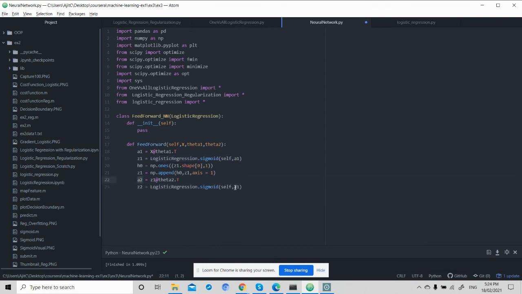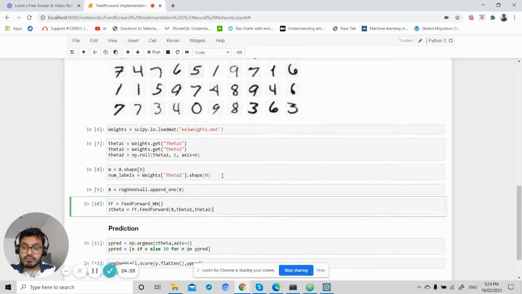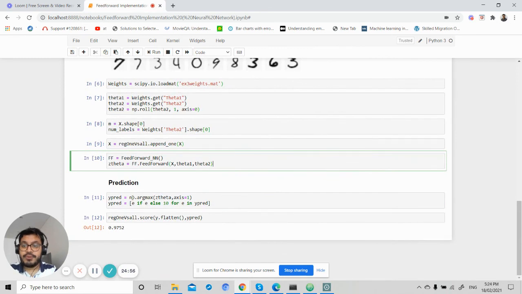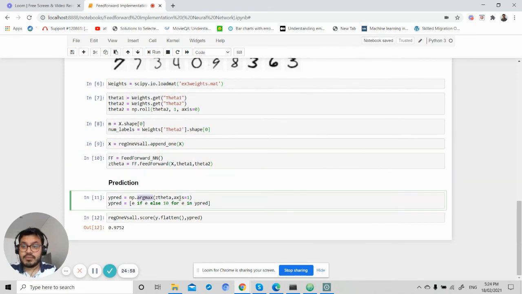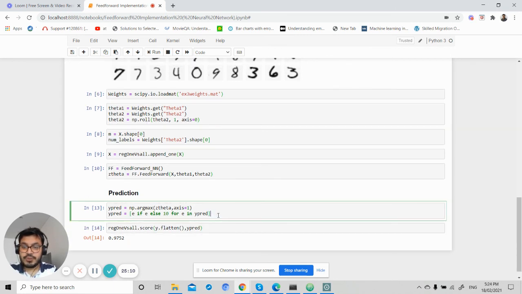So whatever I get here will be my final output. So I will return z2. So this is working fine. For prediction, again we will take the max of whatever output we have got. It's similar to what we did in multi-class classification, and this is my output.